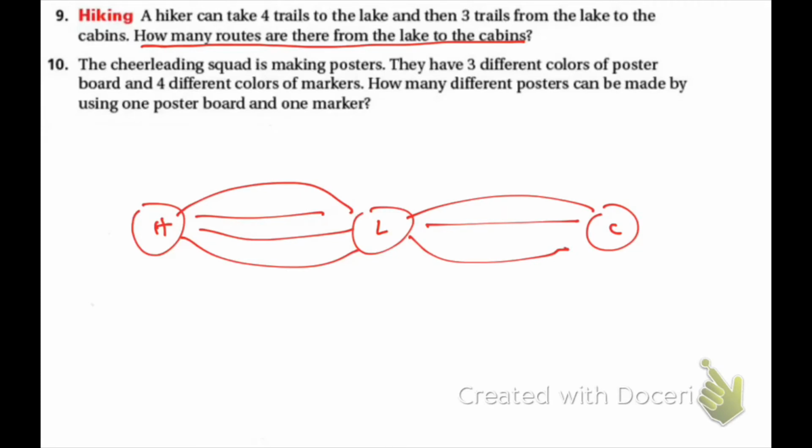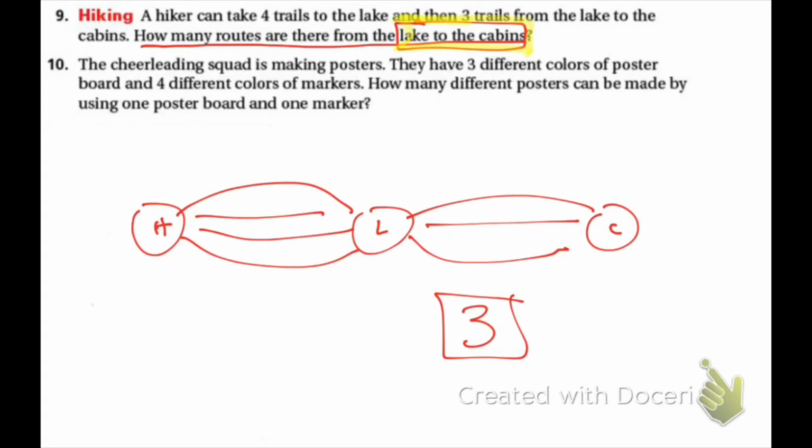Now where this might throw people off is the question saying how many routes are there from the lake to the cabin? Well, some people might say just 3 routes. Now this is not what the solution has in the book, and this is not the solution that I'm going to give, even though, the way that this is worded, I completely understand if you were to put that.